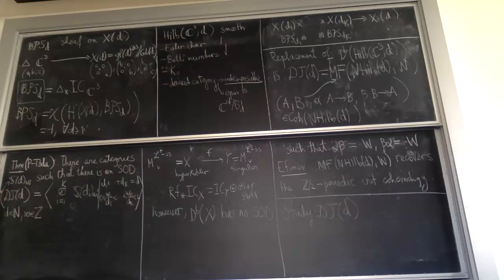And as I was saying, that cannot be categorified using this semi-orthogonal decomposition. But it can be categorified if you go to K-theory and you define a coproduct. Okay, so this is what I'll talk about next.